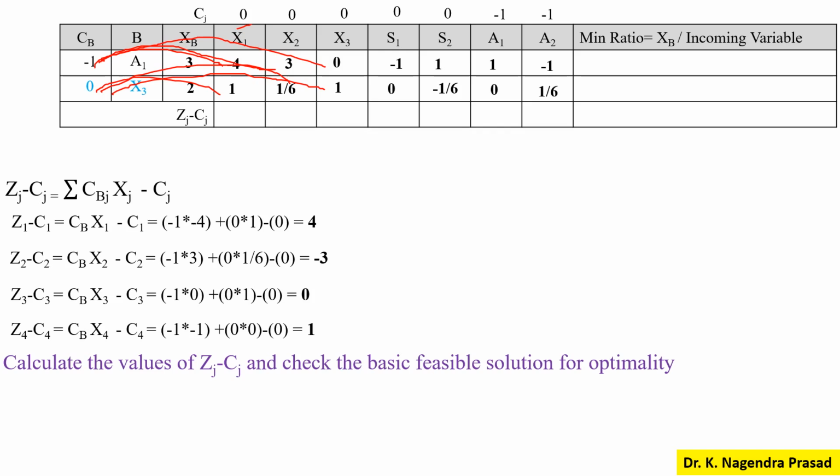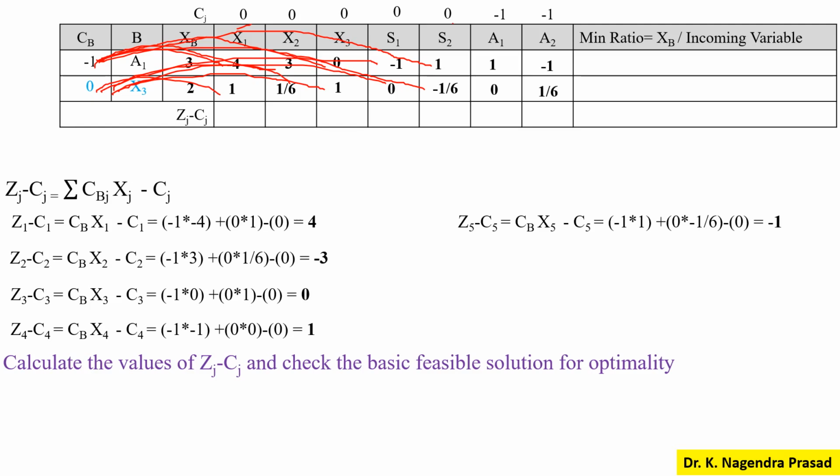Next Z4 minus C4 for the S1 variable, it is minus 1 into minus 1 plus 0 into 0 minus 0. So it is the 1. Next Z5 minus C5 for the S2 variable, it is the minus 1 into 1 plus 0 into minus 1 by 6 minus 0.